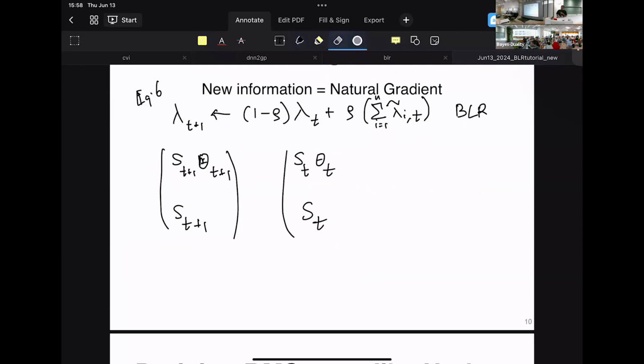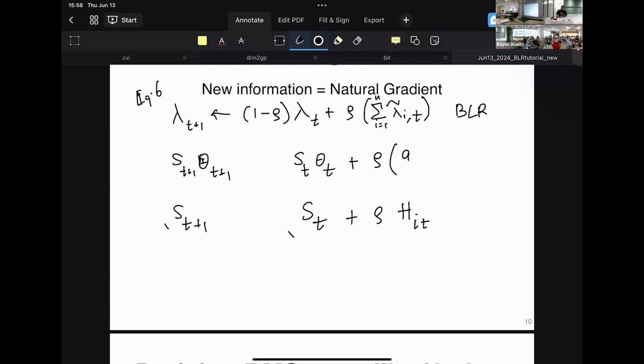And what actually happens in RMSprop, or Newton's method, is that you write natural gradients here. This comes out to be the Hessian. Let's just do one example, not batch, just one example, Hessian. And this turns out to be, lambda tilde turns out to be gradient plus the Hessian times theta t.